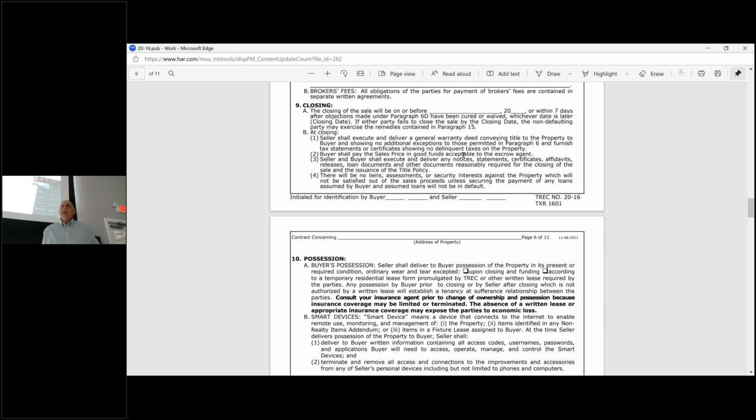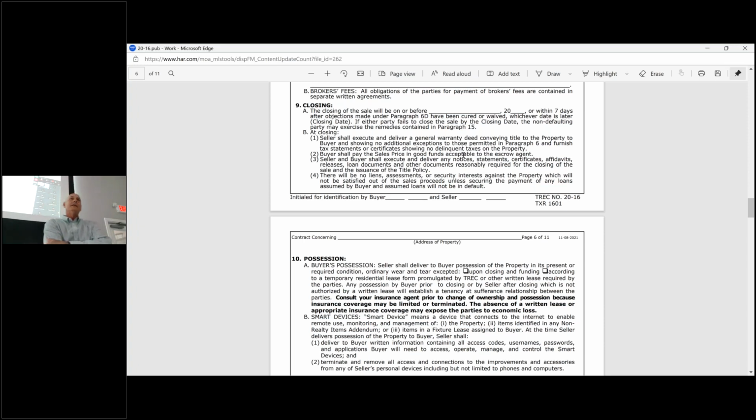What are the remedies of a non-defaulting party? Anybody know offhand? This is something you should just be able to reel off like the 10 Commandments. We all know the 10 Commandments. Okay, never mind. The remedies of the non-defaulting party. 1, claim the earnest money, right? They defaulted, not us.